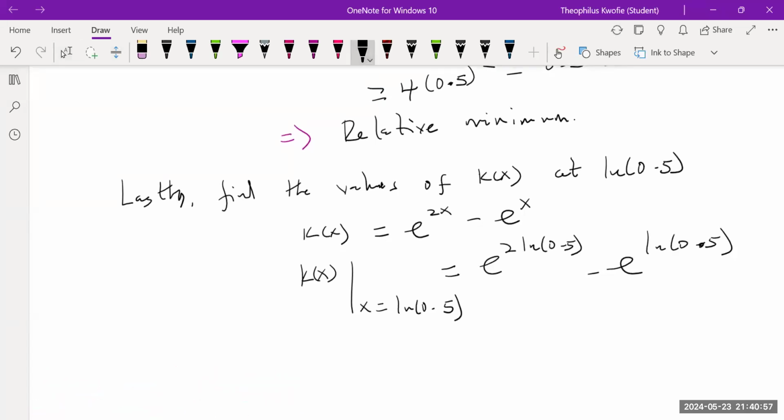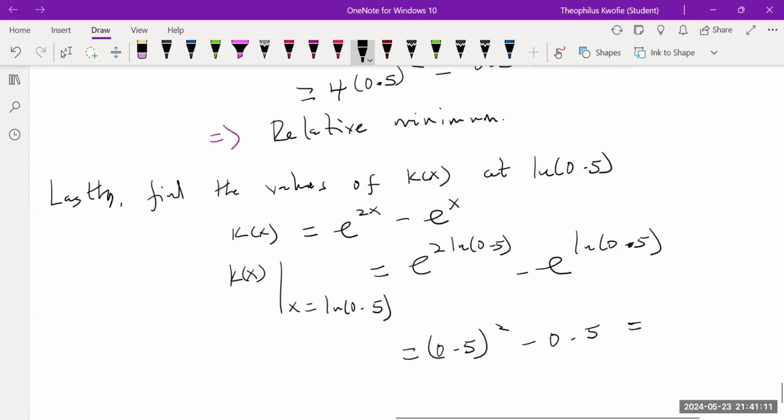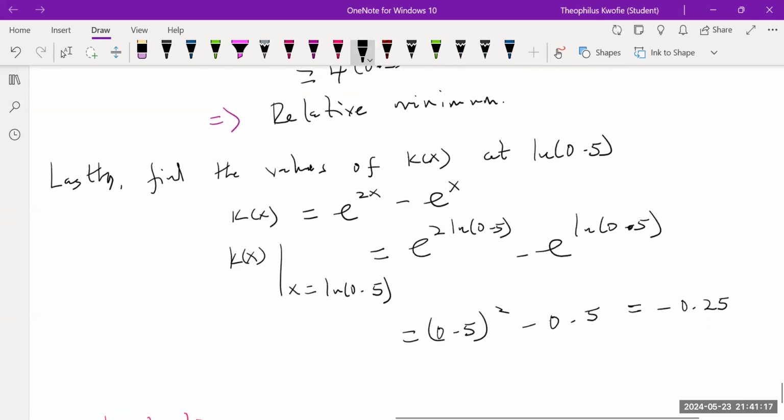So we're going to have, by using the rules, they should give us what? 0.5 to the power 2, and then the 0.5. And that gives us what? And that should give us negative 0.25. Okay.